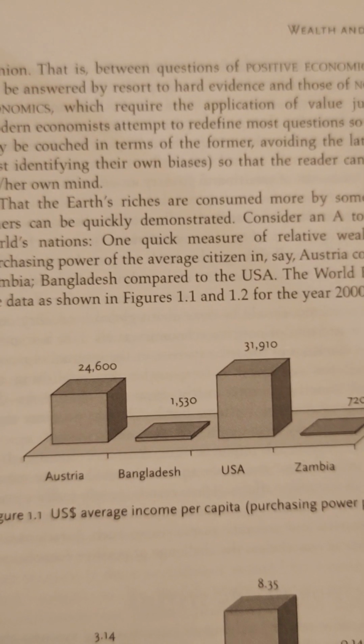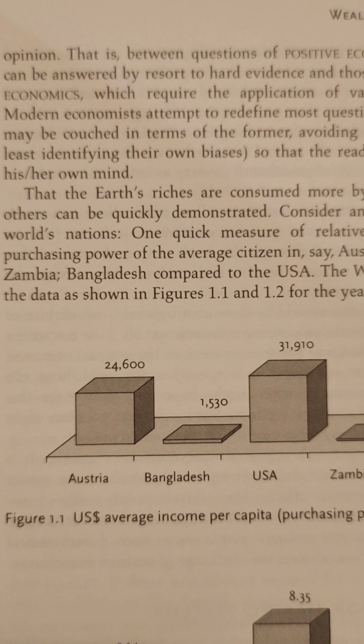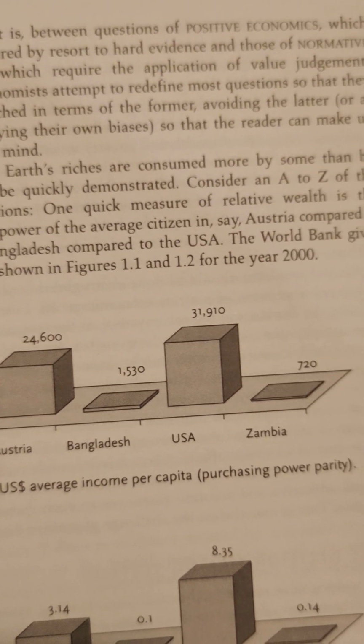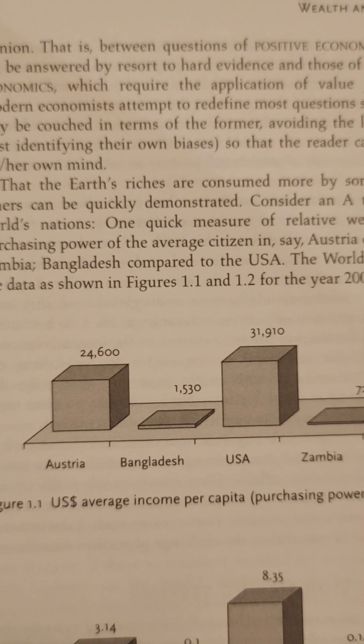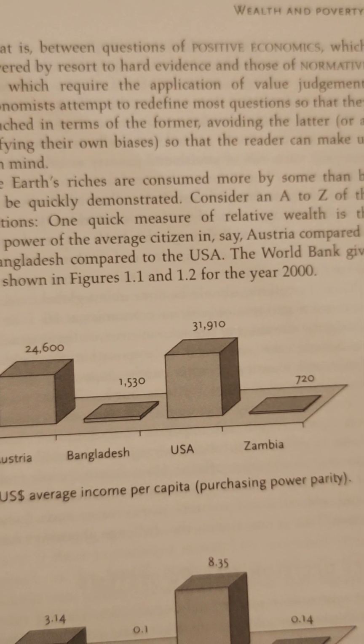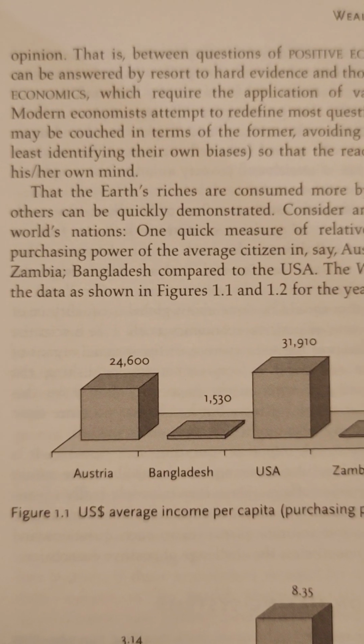So here on page 3 they've shown that the earth's riches are consumed more by some than by the others. Can be quickly demonstrated. Consider an A to Z of the world's nations.